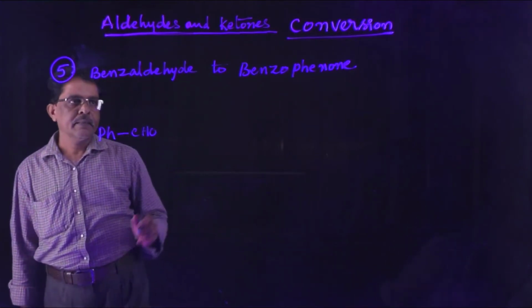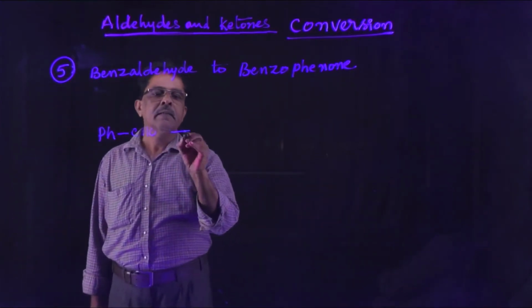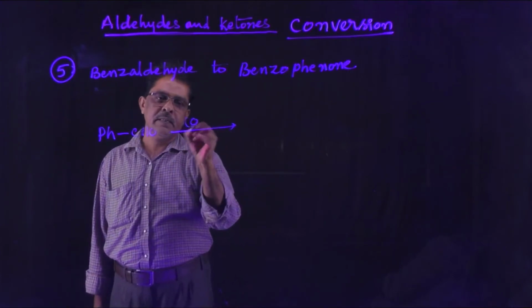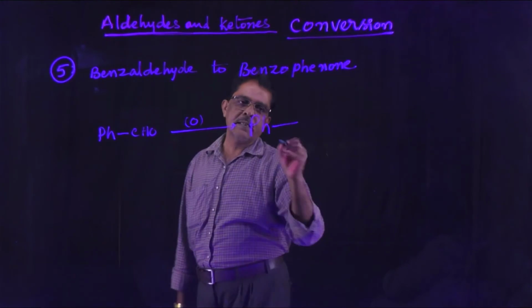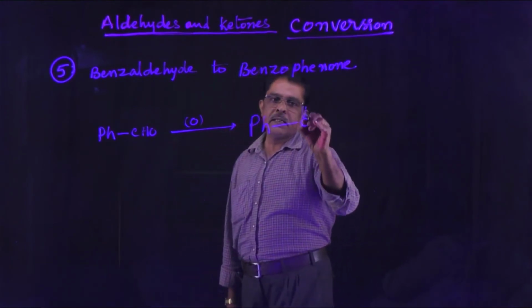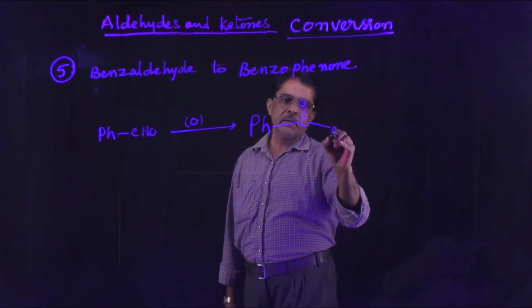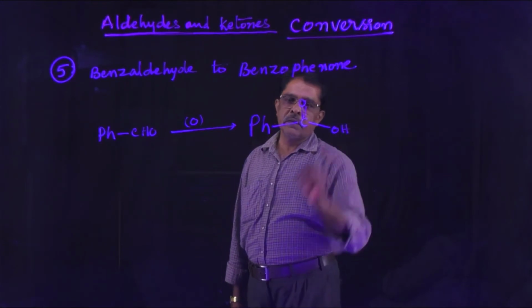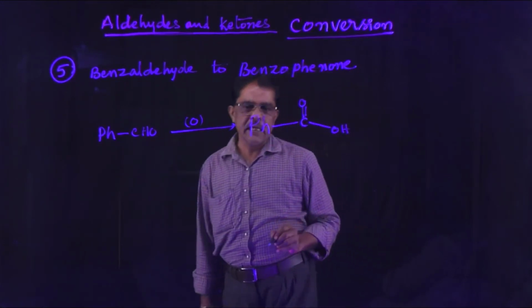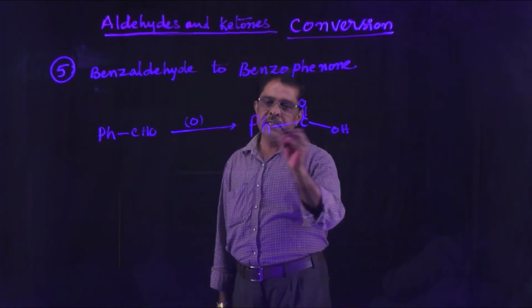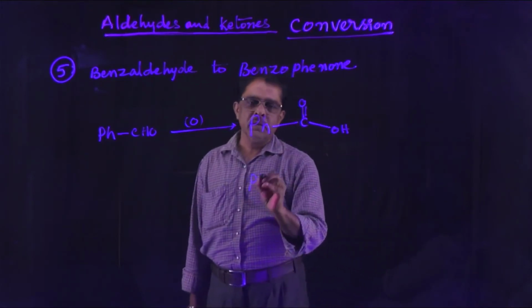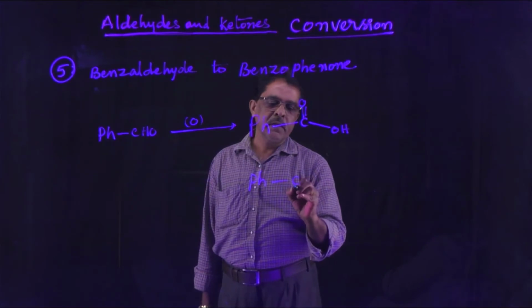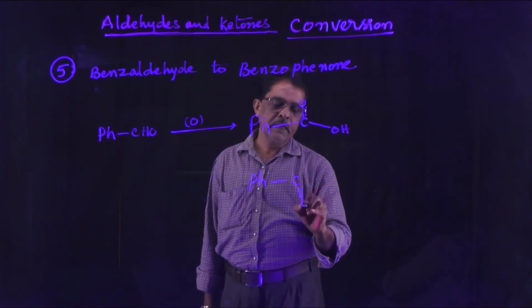Benzaldehyde. This benzaldehyde is subjected to oxidation. Then you will get benzoic acid. Benzoic acid, you know very well. This one is the what? Benzoic acid, PhCOOH. You have to take one more benzoic acid molecule like this.